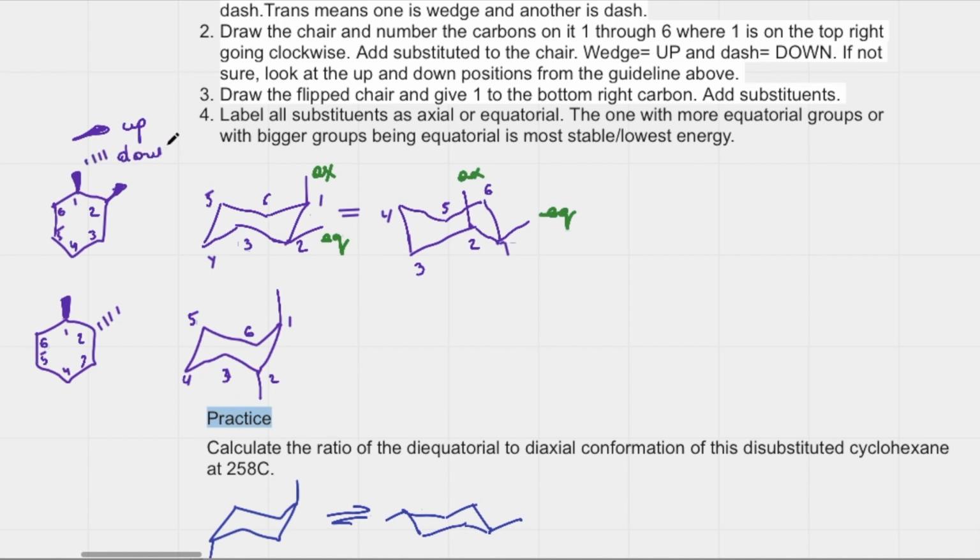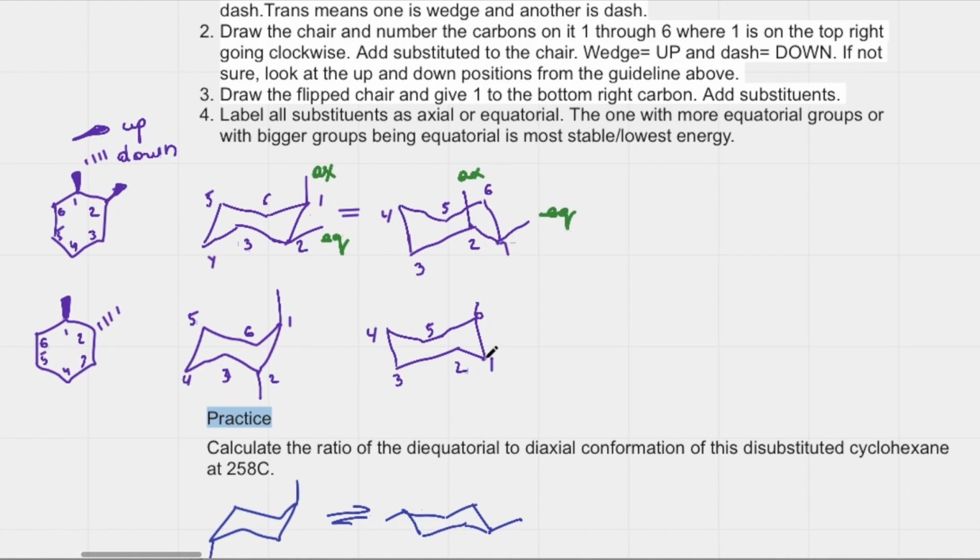So this is how we go from the two-dimensional drawing of cyclohexane to the chair. Remember that wedge is up and dash is down. So here we have up and down. Now let's go ahead and draw its flipped version. We draw 2 parallel lines, overlap them, close. We can start numbering here. 1, 2, 3, 4, 5, and 6. 1 is up.